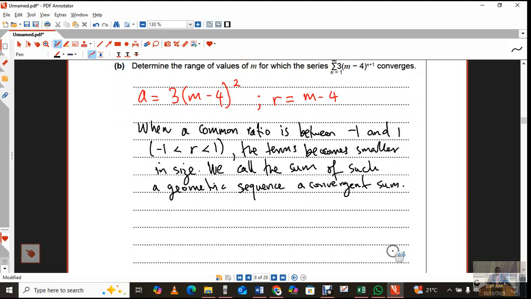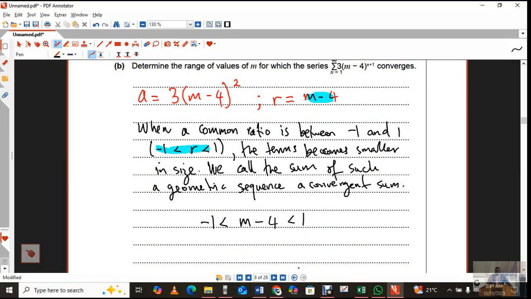So having said that, I'm going to then use this concept over here with my r. That's what I'm going to do. So I'm going to say r, which I can actually just take as m minus 4, should be between 1 and -1. That's it. All right.